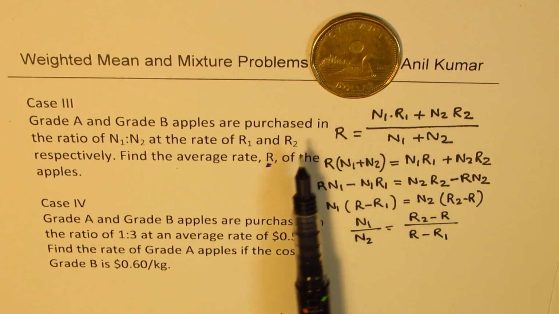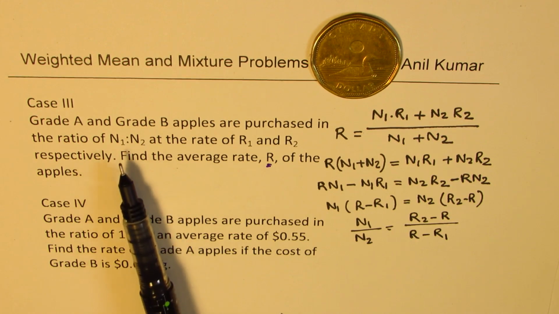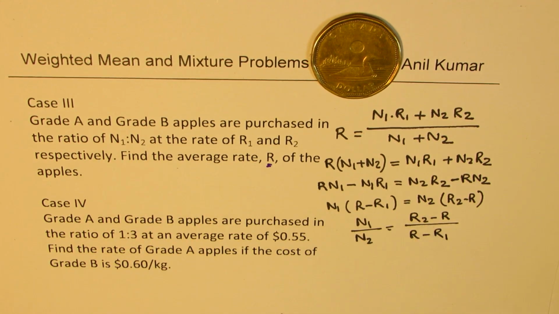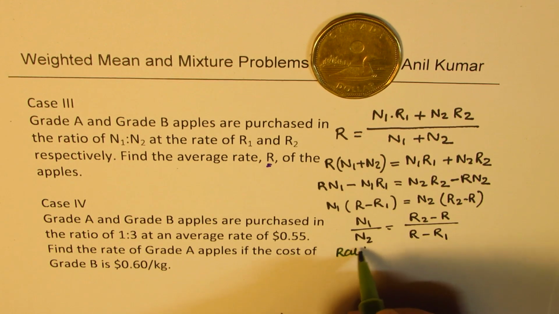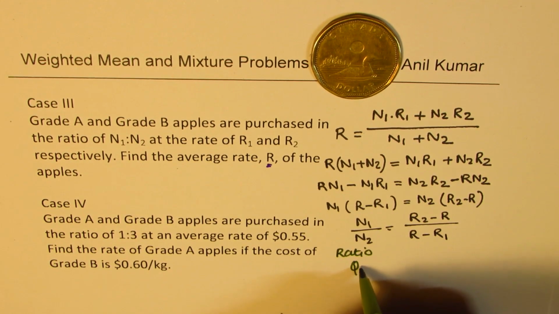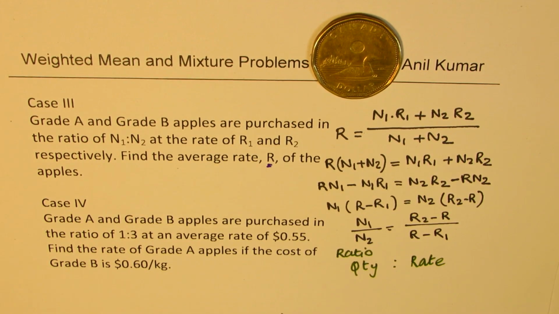We actually rearranged the whole formula and wrote the ratios of numbers with ratios of rates. Do you see that? So we have kind of related quantities with rate. So both are ratios, right? So both ratios, we have quantity on one side and the rate on the other side. Now that really helps in solving many questions. So that is something to admire.